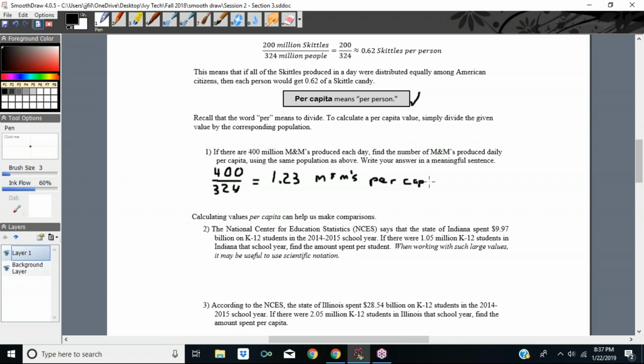And that means each person would get 1.23 M&Ms if we distributed them evenly or equally. It says write your answer in a meaningful sentence. My meaningful sentence would be something like, if the daily production of M&Ms were evenly distributed among all Americans, each person would get 1.23 M&M candies.